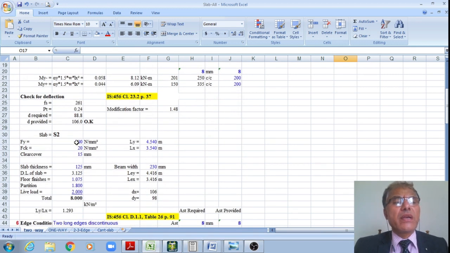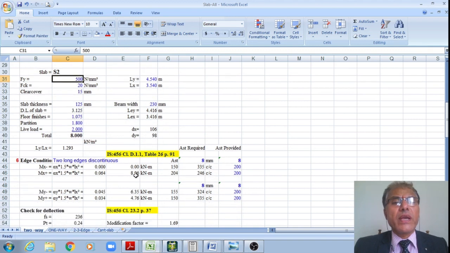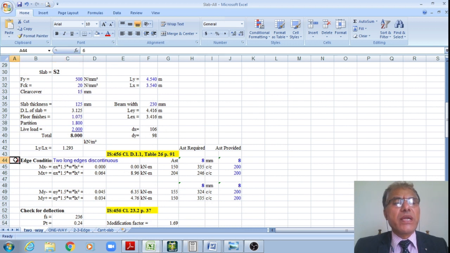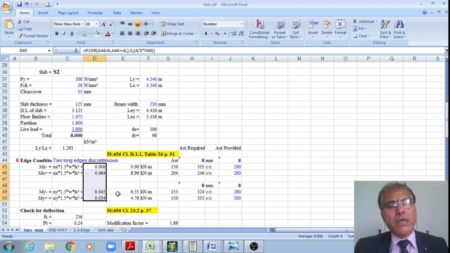Now I'll do that design, whereas the other inputs are the same, no change, but only here please see that the two long edges are discontinuous. This is edge condition 6 from Table 26 of page number 91, which I have just noted down. The Excel sheet program is written in such a fashion that it will automatically recall the coefficients 0.064, 0.045 and 0.034.